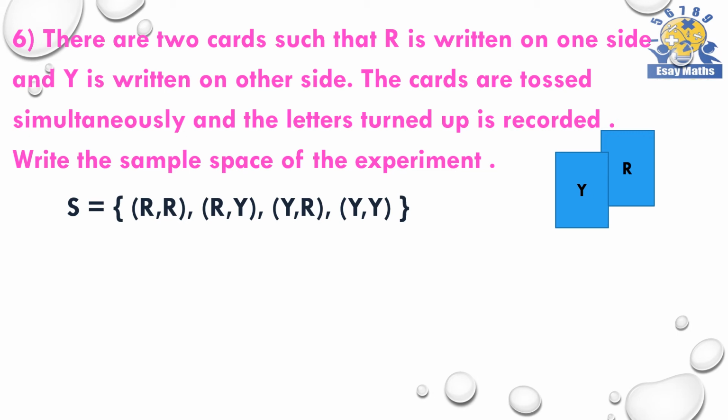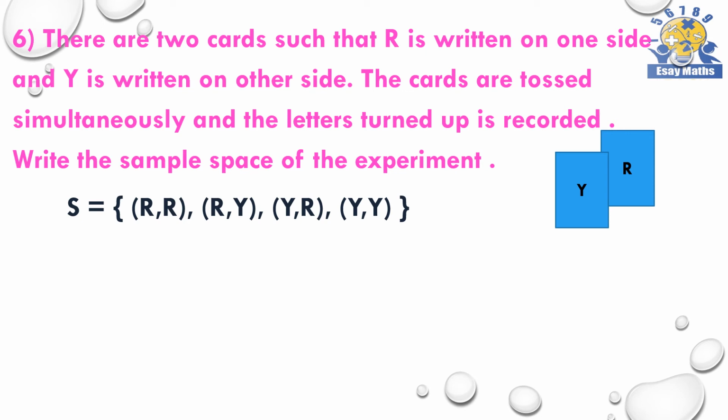It's a little bit different from the previous examples. It can be both cards with the letter R, or both cards with the letter Y, or one card with R and another card with Y, then first card with Y and second card with R. So these are the possible outcomes.